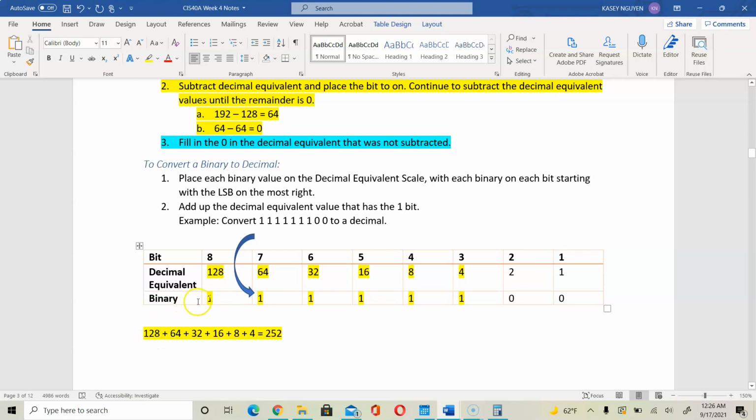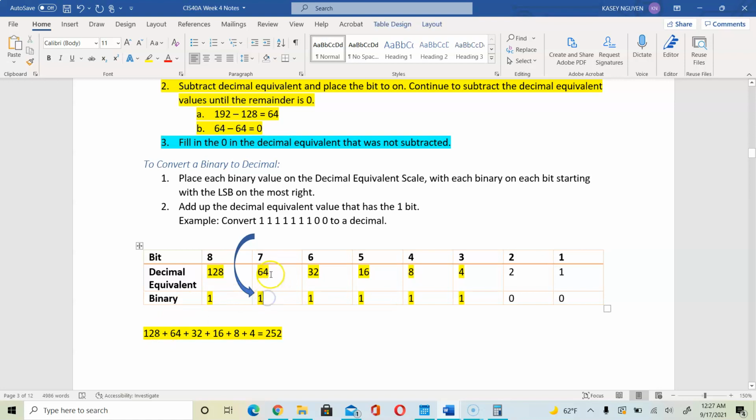And then what you're going to do is add the decimal equivalent at the top only if that bit is on. So in this case, if we have 1, 1, 1, 1, 1, 1, 0, 0, the 1 here is equivalent to 128, so we take 128.